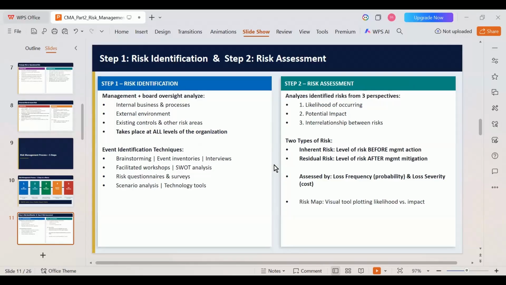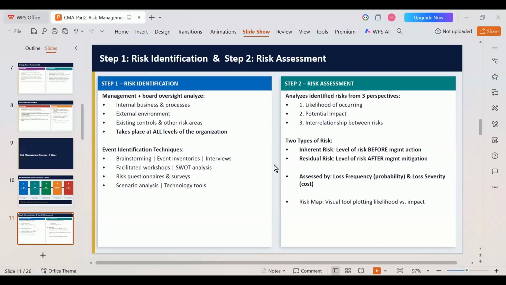The fire insurance that they purchased is only for 1 crore rupees, so they will claim their insurance only up to 1 crore. The remaining 0.5 crores, that is their residual risk. That is the risk that is left even after mitigation. Even after taking measures, there is some risk that we have to face. That will be our residual risk.